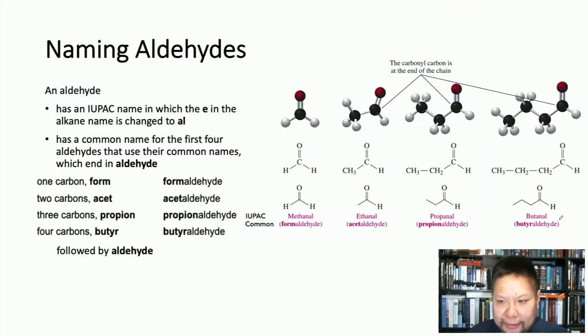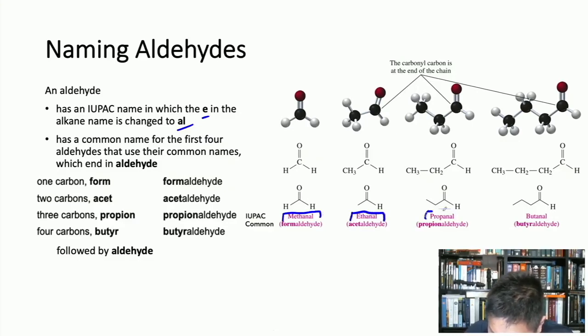So let's name some aldehydes now. It's pretty easy to name an aldehyde with IUPAC standards. You just change the E at the end to Al. So for example, here we have methanal for 1 carbon, ethanal for 2 carbons, propanal for 3, and butanal for 4 carbons. It's a little bit different with the common names for the aldehydes.